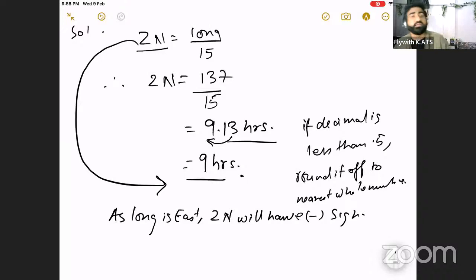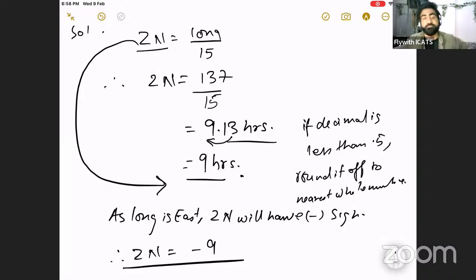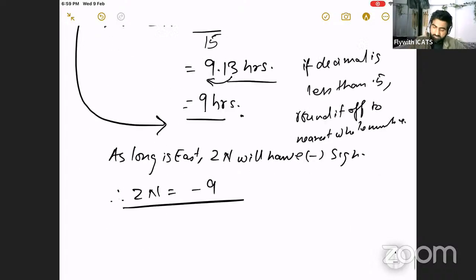This is connected to what we did yesterday, what we discussed today: zone number, zone time, and letter of the zone, A, B, C, and the other side. So therefore, zone number is equal to -9. This is your correct answer. So zone numbers are minus in the east. Remember that.